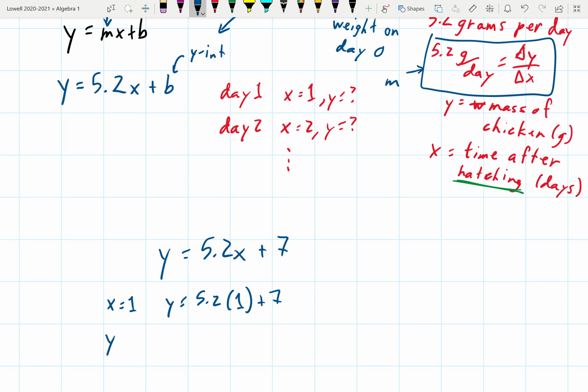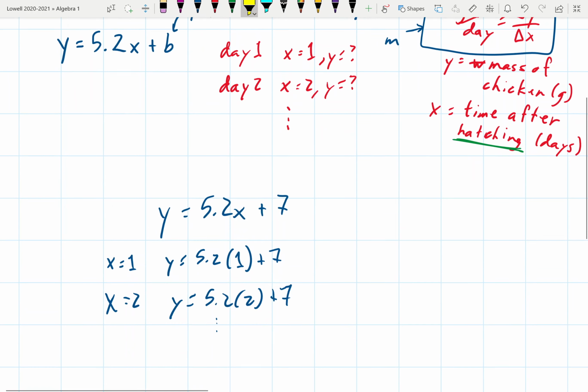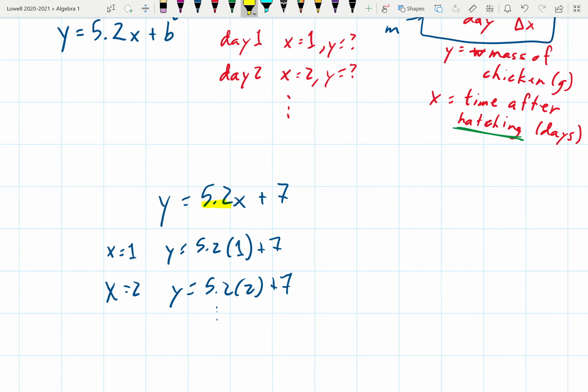If I wanted to plug in x equals 2, it'd be 5.2 times 2 plus 7, and so on and so forth. No matter what x and y are, this 5.2, the slope, and the 7, which in this case is the y-intercept I just made up, are always the same. They're constant.